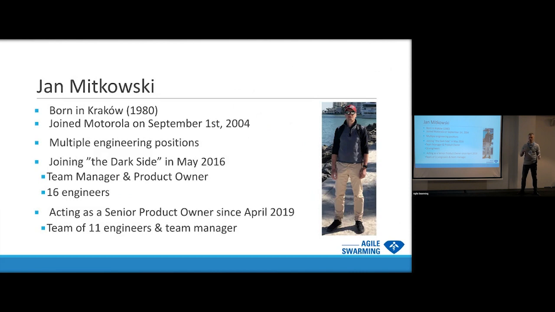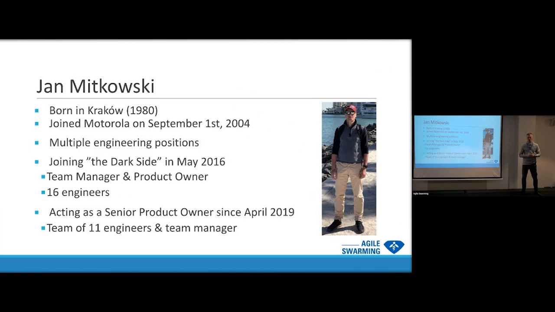What is important to know during this lecture is that, after multiple roles, in 2016 I joined what I call the dark side. I wanted to change, to lean towards managerial, all those soft things in the organization.